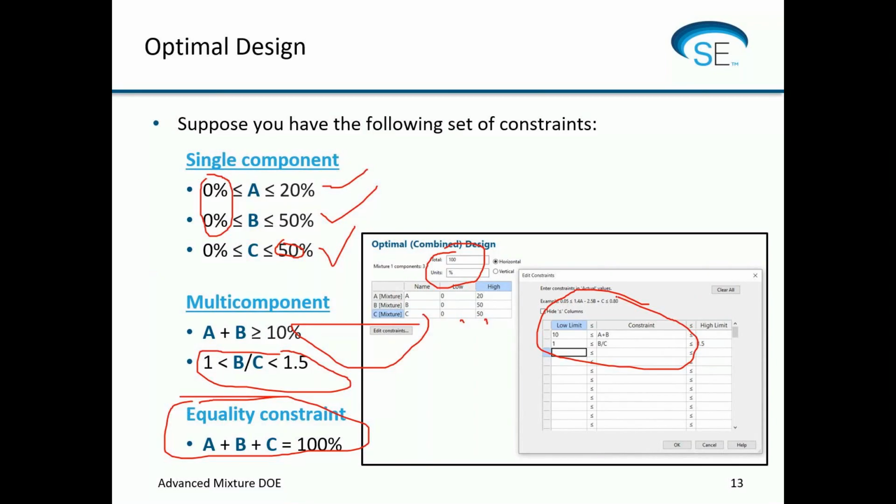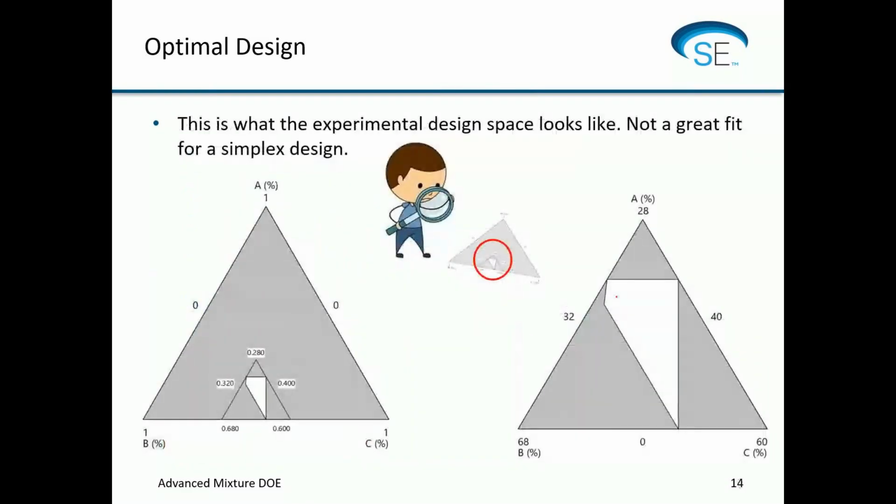Okay. Now the design space looks something like this. This big triangle here is the 0 to 100% design space. This white region is the entire region that satisfies those constraints that I put on the previous slide.